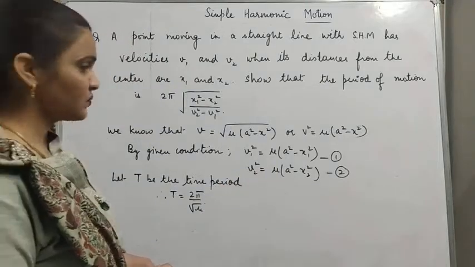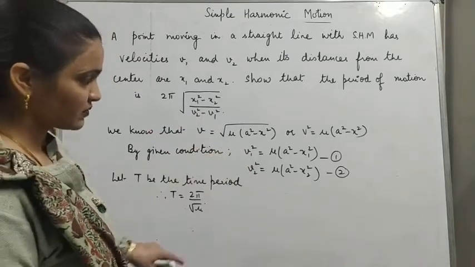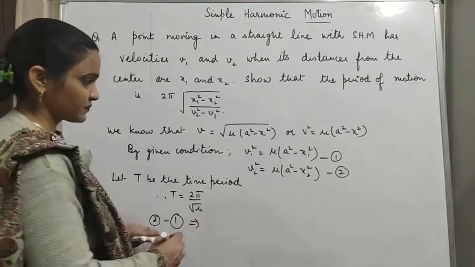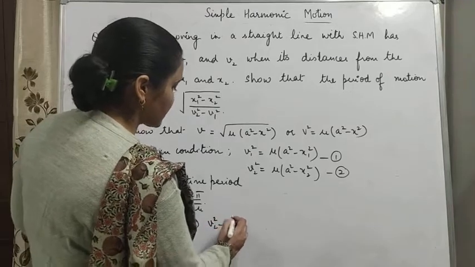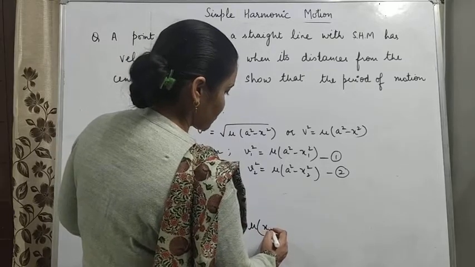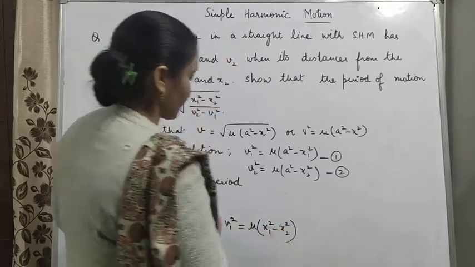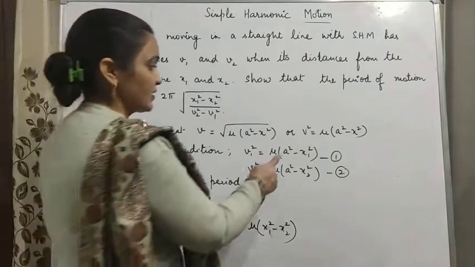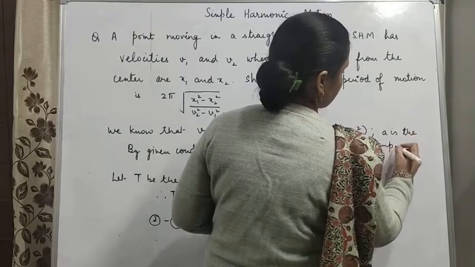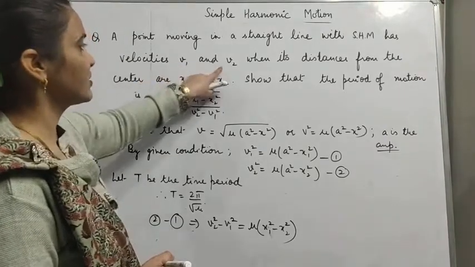So how will we find the value of mu? Let us subtract 1 from 2. So subtracting 2 minus 1, we have v2 square minus v1 square is equal to mu times x1 square minus x2 square. Clear? Here you can also write where a is the amplitude. Since the amplitude is not given in this question, what is given? v1, v2, x1, x2.